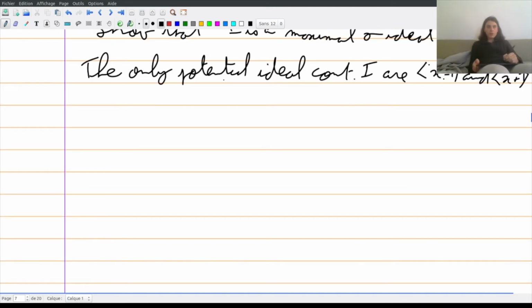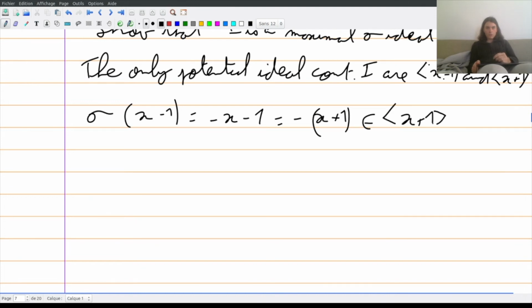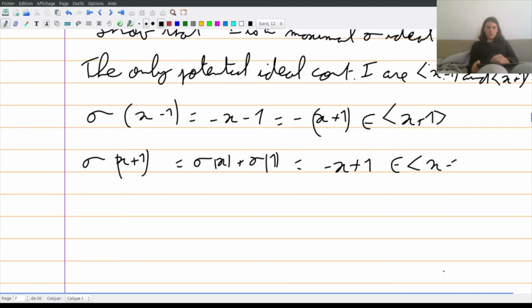But if I consider sigma of x minus 1, so I use the fact that sigma of x is minus x, it equals minus x minus 1, which equals minus x plus 1. So it belongs to x plus 1. And oppositely, if I take sigma of x plus 1, so sigma of x with sigma of 1, it's minus x plus 1. So it belongs to x minus 1.